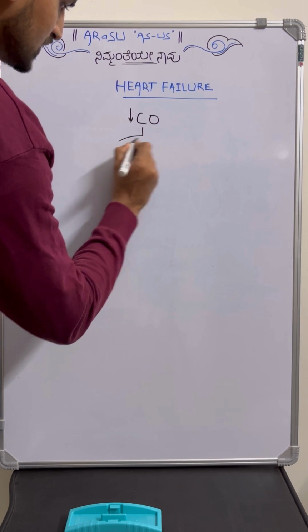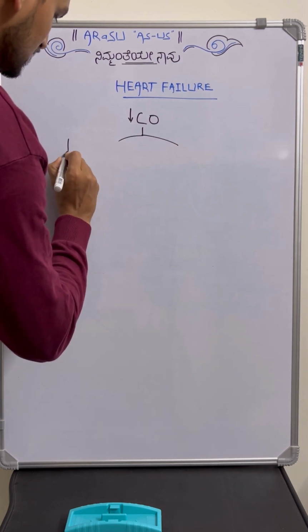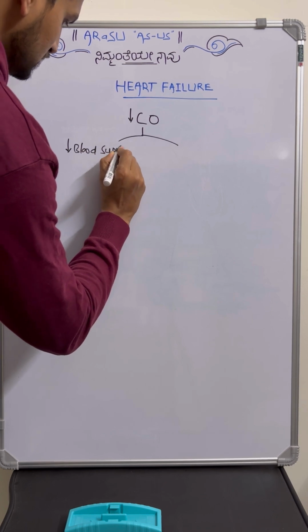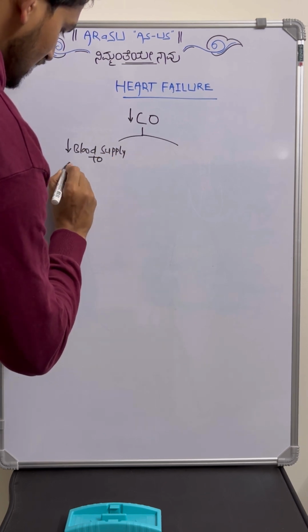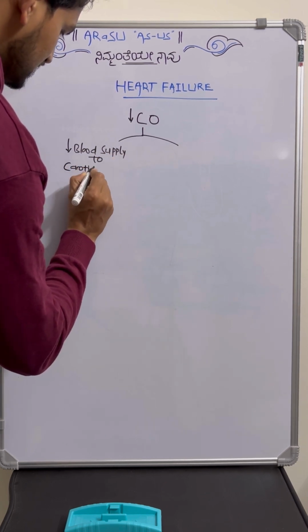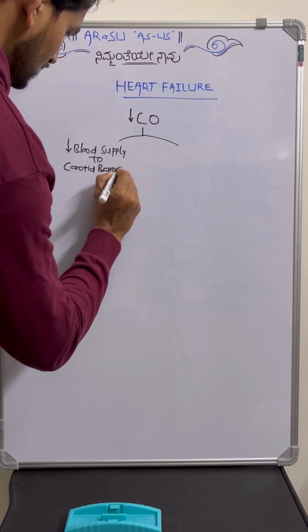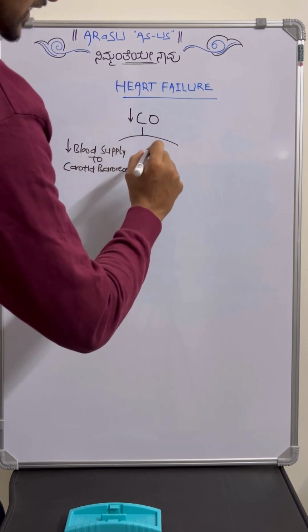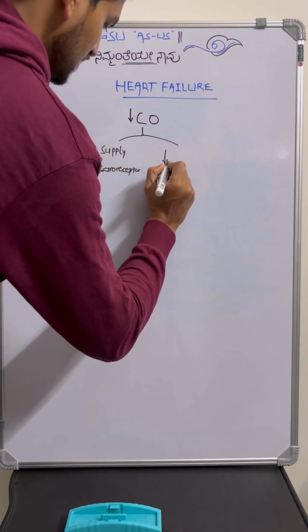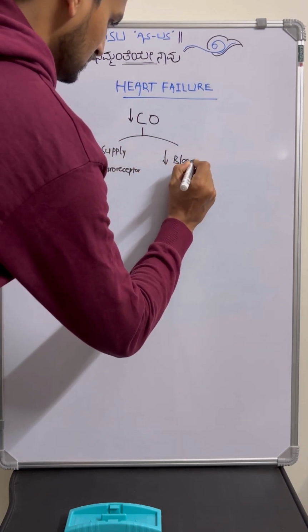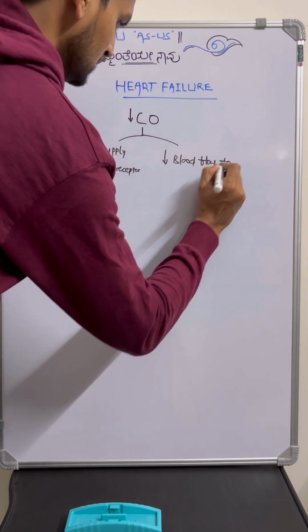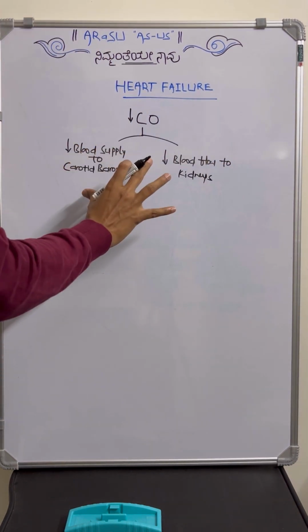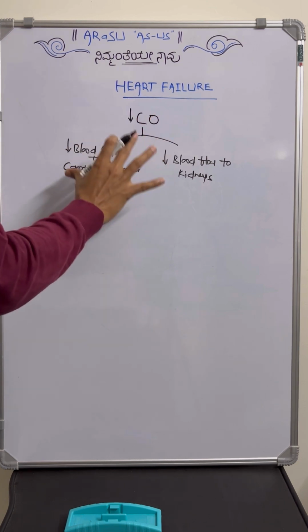Two important things, that is decreased blood supply to carotid baroreceptors, and the same decreased cardiac output will lead to decreased blood flow to kidneys mainly. So these are the two things which will play the important role in the pathophysiology.